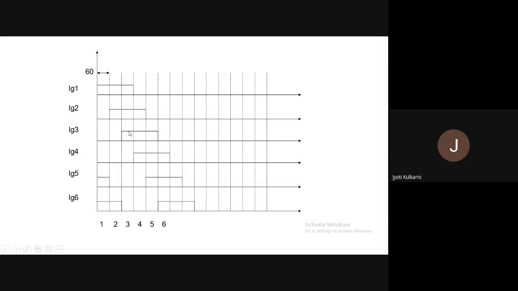Here is the magic I forgot to tell you. See, when I am switching from the first interval to the second interval, in the second interval T2 comes into the picture, and who exits? 5 has exited. See, 5 is going out and second is coming in. In the third interval, third is coming in and 6 is going out.